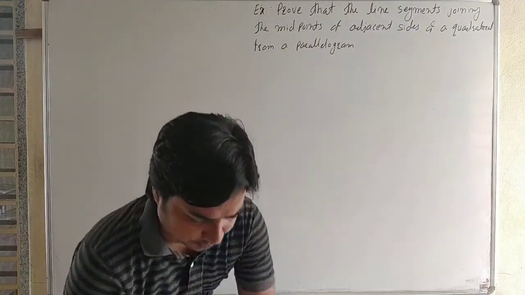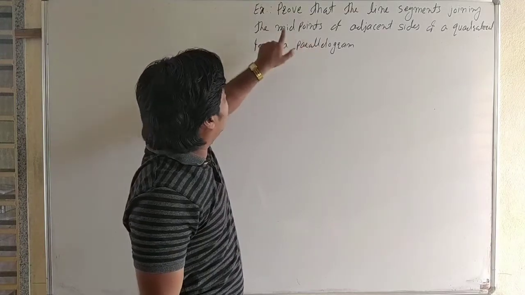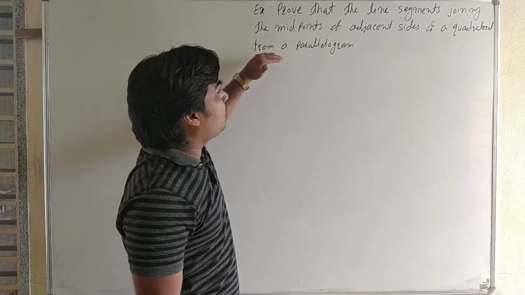Okay, here we have to prove that the line segment joining the midpoints of adjacent sides of the quadrilateral form a parallelogram.